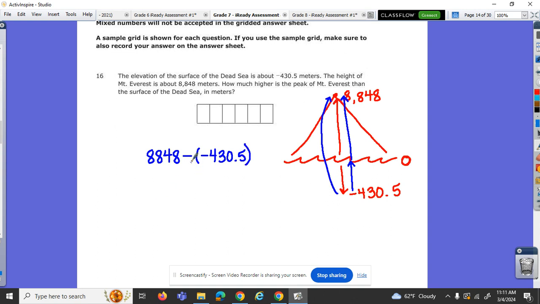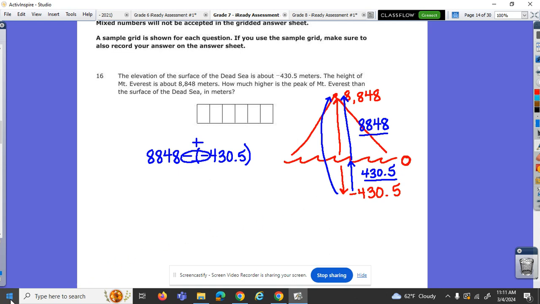If you were thinking add, you're on the right track. Because remember, we need to go from negative 430.5 to 0, which the absolute value is 430.5, and then an additional 8,848. So we're basically just adding those two things together.